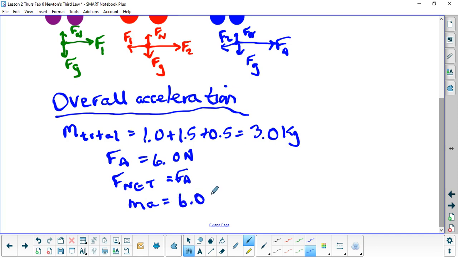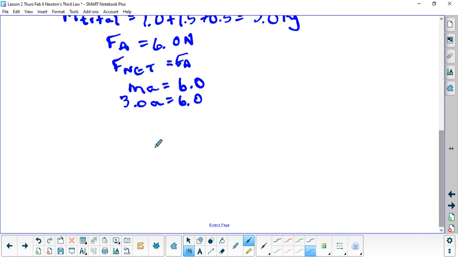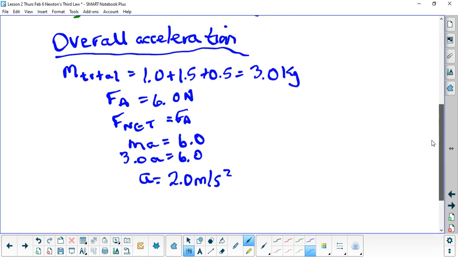What this lets me do is, if I put that overall mass in of 3, it lets me find the acceleration of the system, right? So the whole system, not individuals, has an acceleration of 2 meters per second squared. But that also means those individual carts have an acceleration of 2 meters per second squared, which is incredibly handy, right? That allows me to solve for them as individuals.